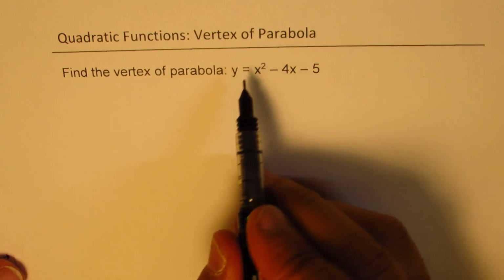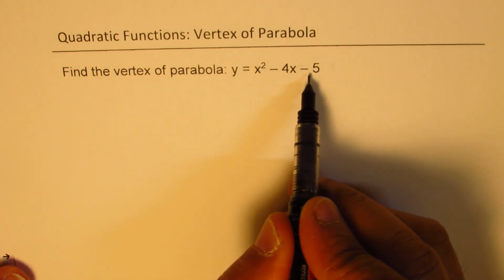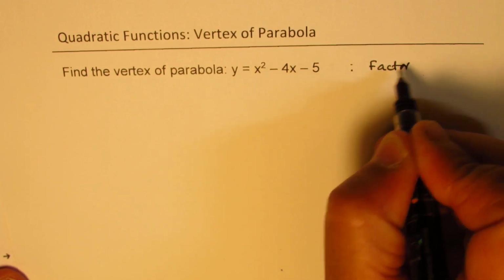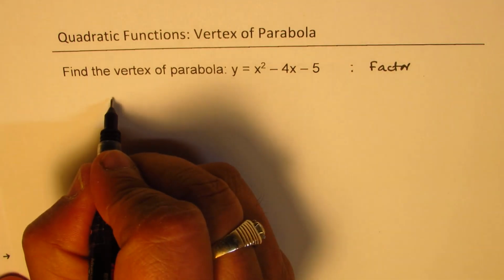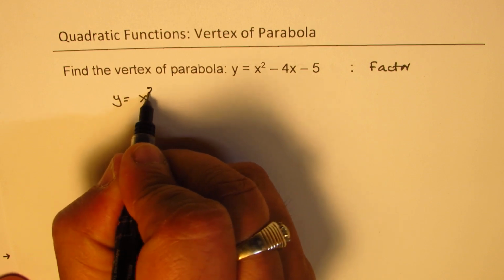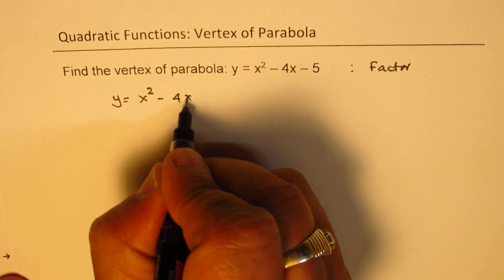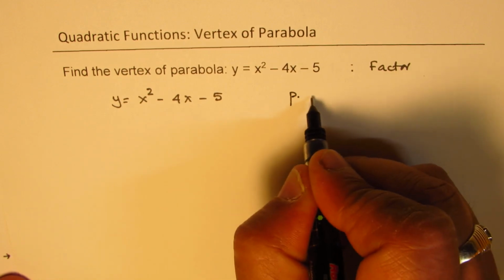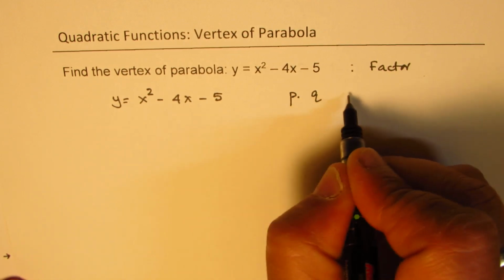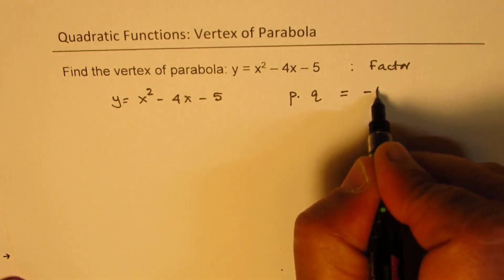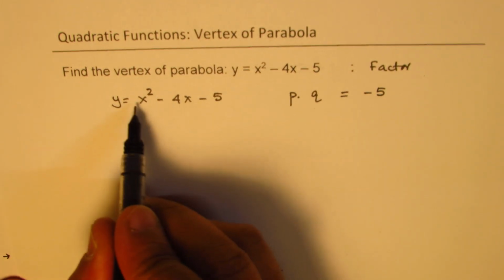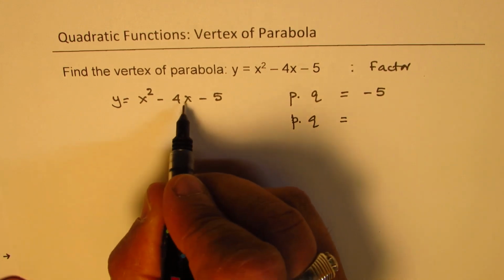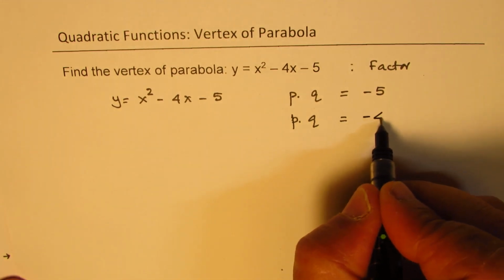Now the second example is y equals x squared minus 4x minus 5. We can easily factor this. So we'll factor and find the vertex. To factor, we are looking for two numbers. I normally use p and q, whose product should be minus 5, so a times c, where a is 1, and whose sum should be the coefficient of x, which is minus 4.